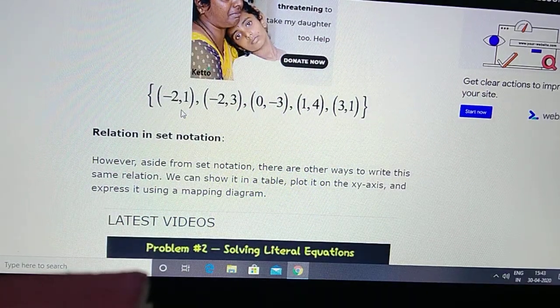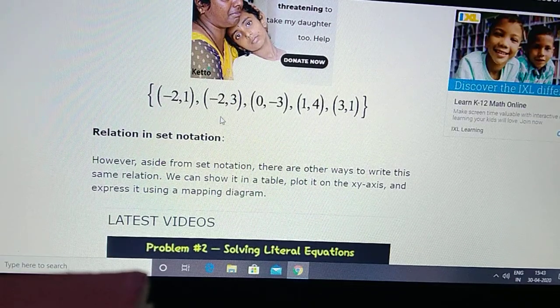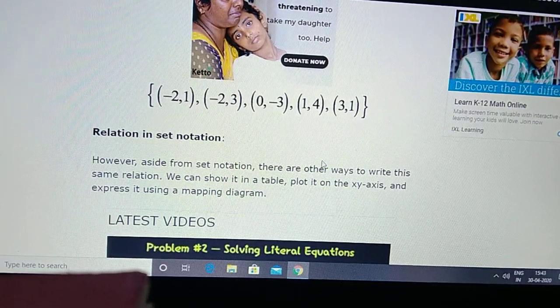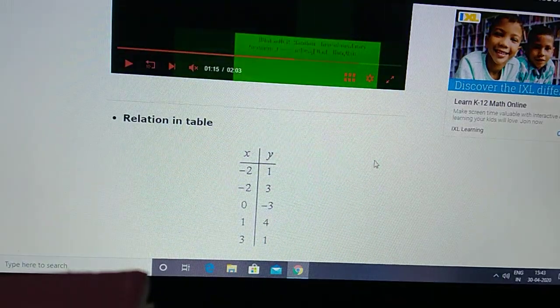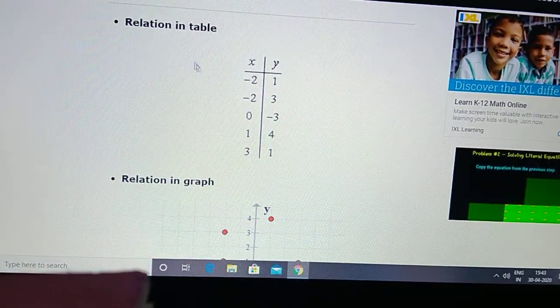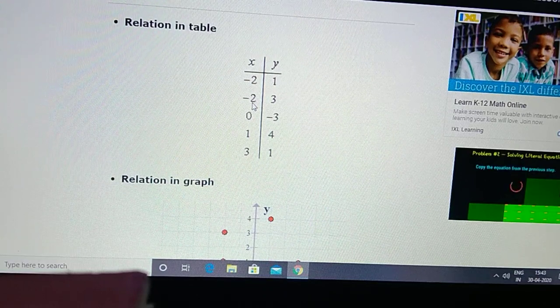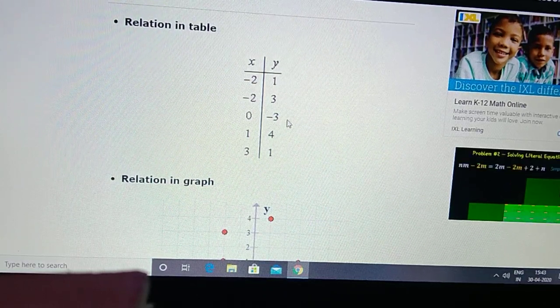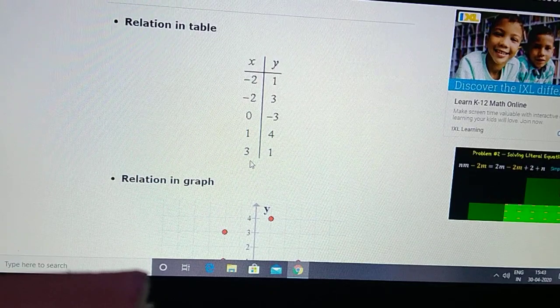So we have a set of 5 relations. That's it, we need to move ahead. This can be represented in a table also: (-2, 1), (-2, 3), (0, -3), (1, 4), (3, 1).